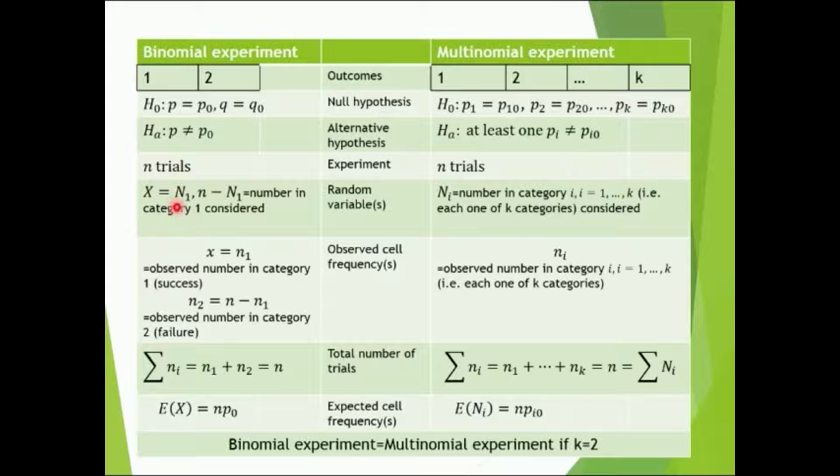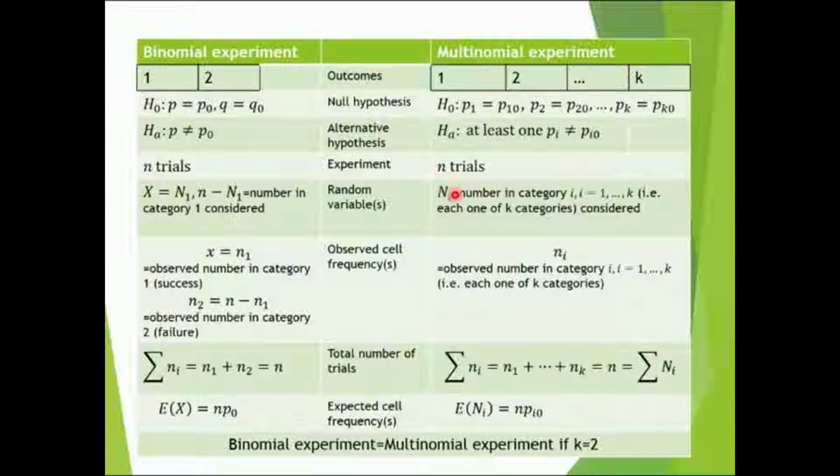But we only consider the number of successes, in other words, in category 1. While on the other hand, with a multinomial experiment, we consider the number observed in each category. We don't know beforehand what it's going to be, so that's our random variable. So we have K categories that we are considering.